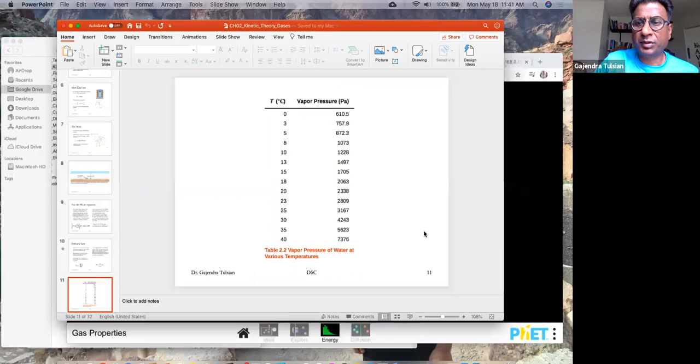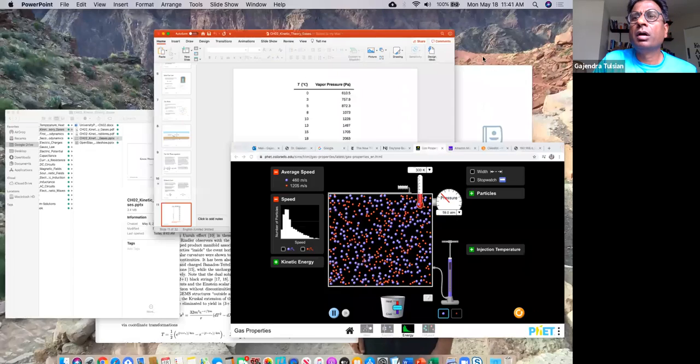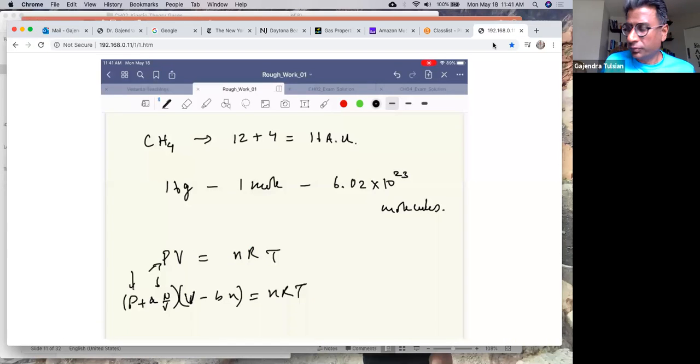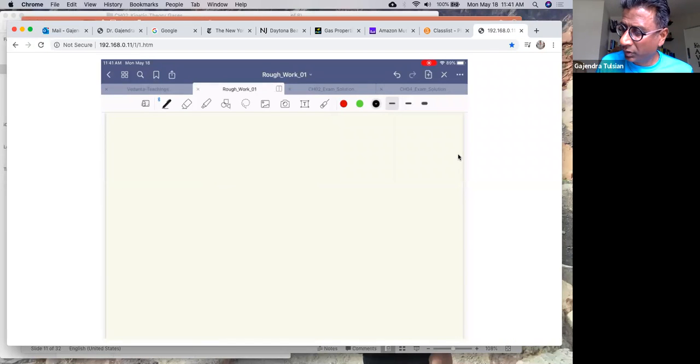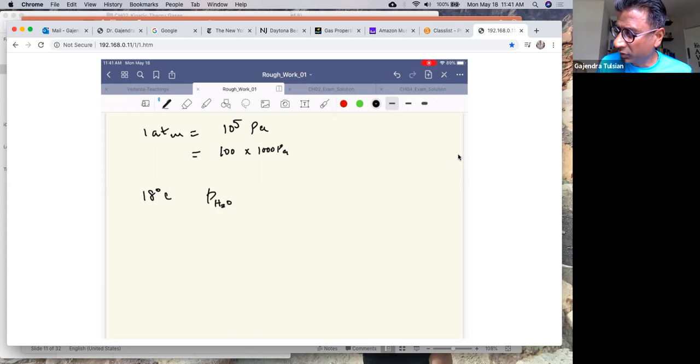So let me make sure. What we saw was atmospheric pressure: 1 atmosphere is 10 to the power 5 pascals, which is 100 times 1,000 pascals. And at 18 degrees Celsius, the partial pressure of water vapor was 2,000 pascals.